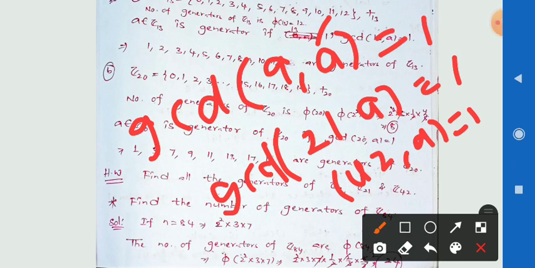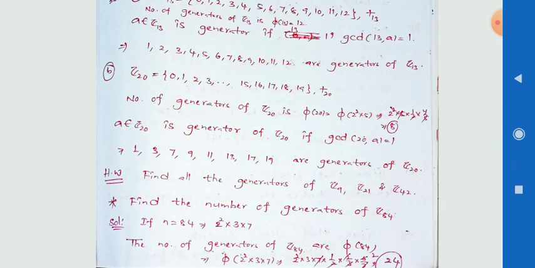If the GCD of 21 comma A is equal to 1, A is a generator. If the GCD of 42 comma A is equal to 1, A is a generator.